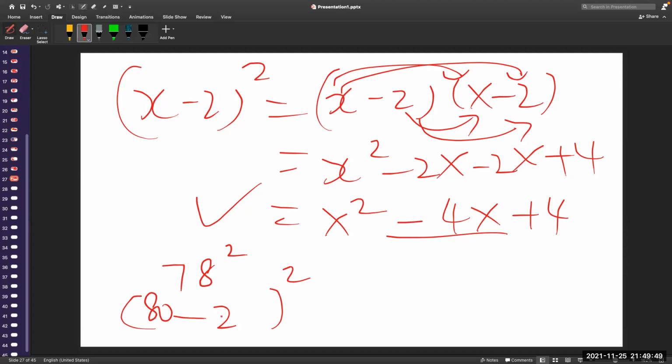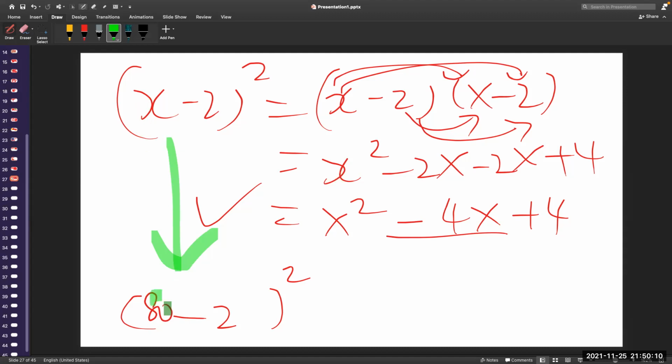So if it is (80 minus 2) squared, that means your 78 here is replaced by 80 minus 2 already. So you don't have to do 78 squared. You just need to do this (80 minus 2) squared. Can you see that this is similar?